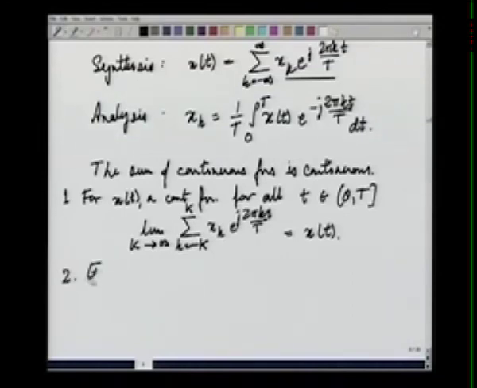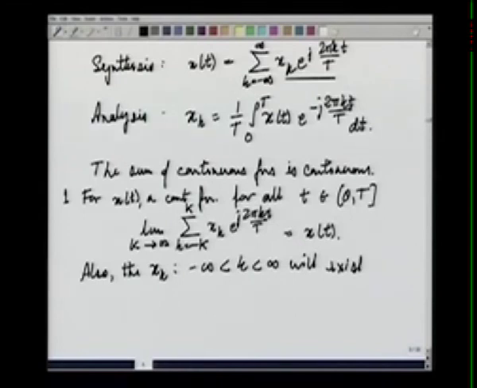By the way, for the case 1, when x(t) is a continuous function, the X_k's will exist.